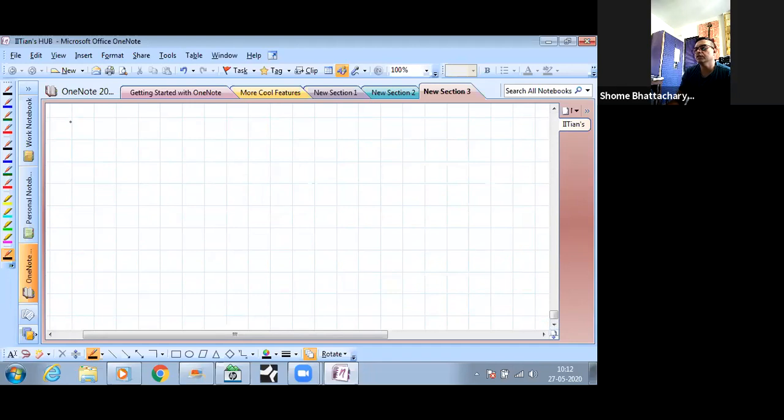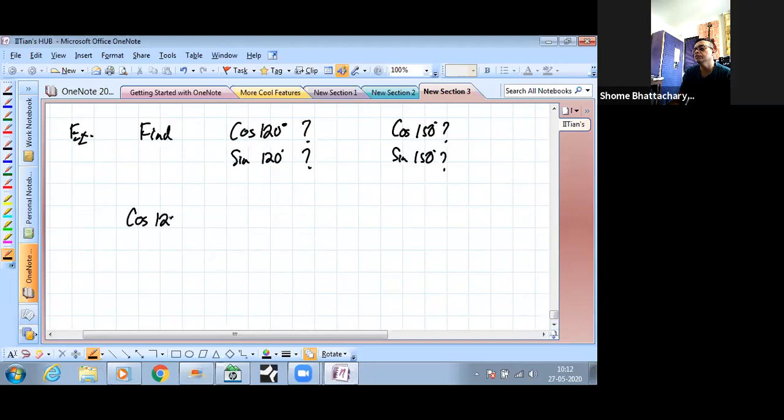Okay, so let's look at an example. Find cos of 120 degrees, sine of 120 degrees, cos of 150 degrees, sine of 150 degrees. In each of these, I'll show you one of them, then you can do the rest.